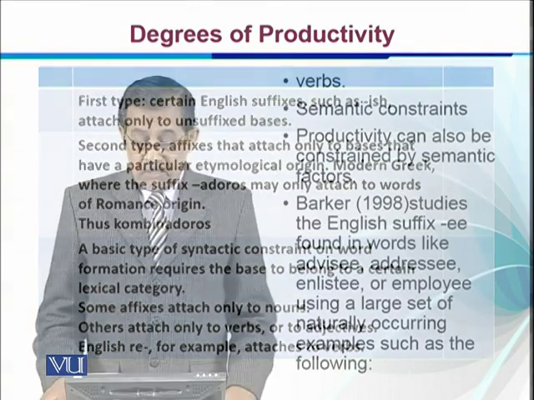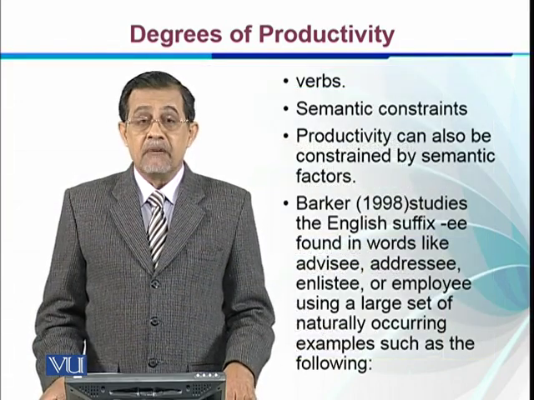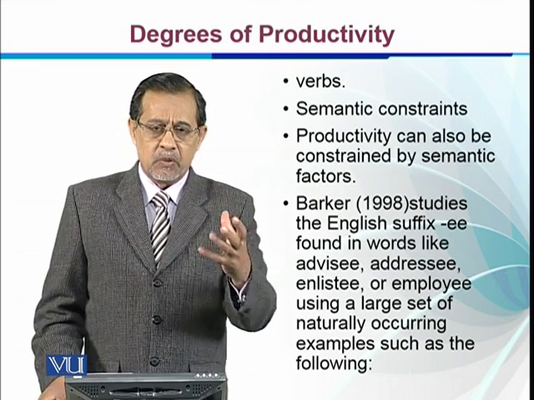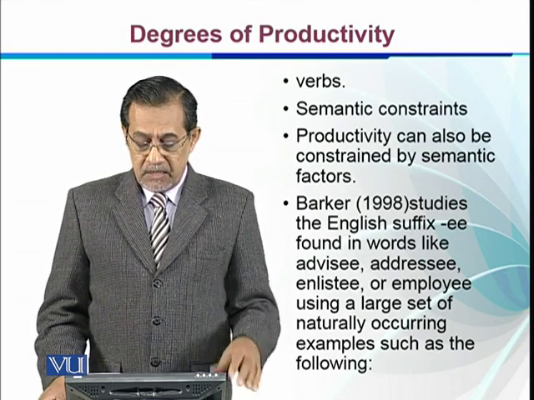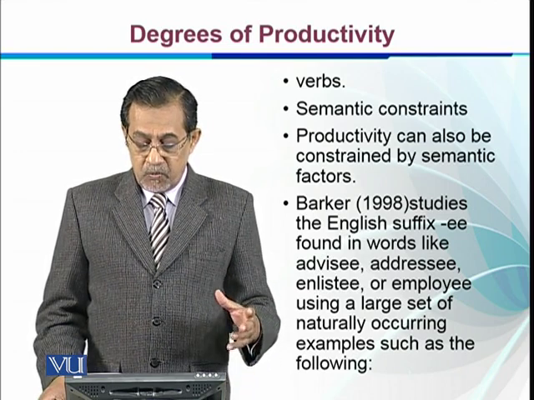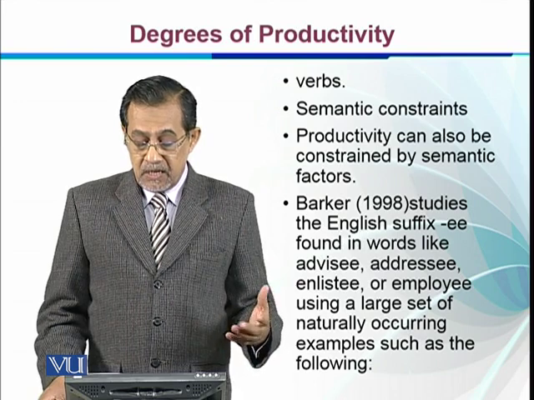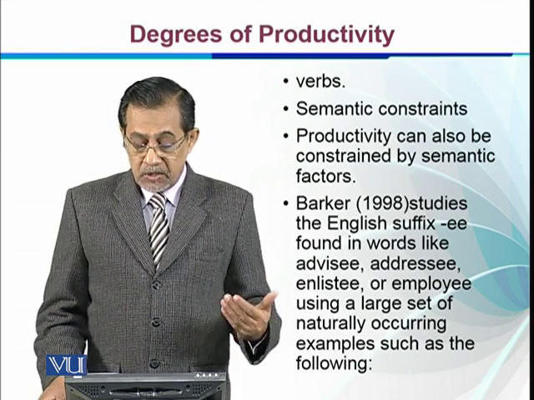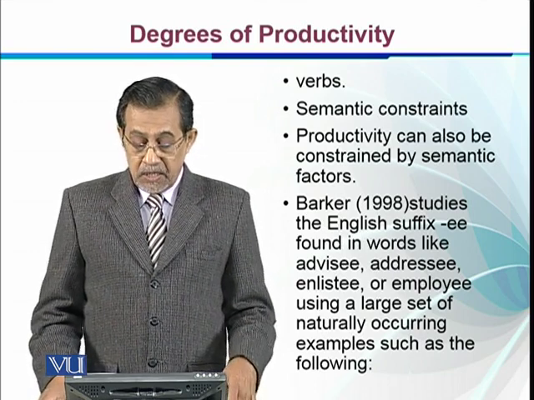Next, semantic constraint. Productivity can also be constrained by semantic factors. So the meaning also has its place. Barker studies the English suffix ee found in words like advisee, addressee, enlistee, employee, using a large set of naturally occurring examples such as the following.